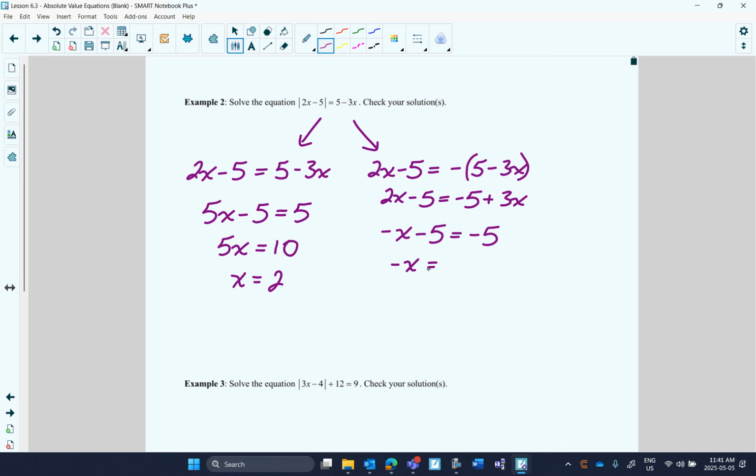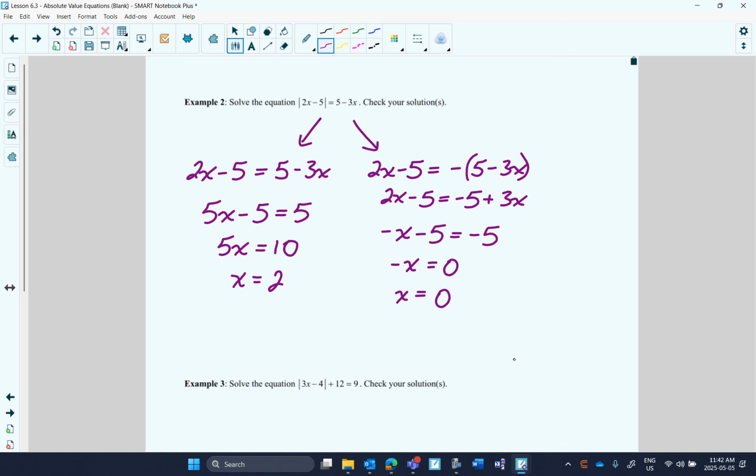What's negative 5 plus 5? And how do I change from negative to positive? Just change it to positive, but then you got to change the sign of this side. Well, what's the negative of 0? Still 0. So those are my potential solutions that I have to check.